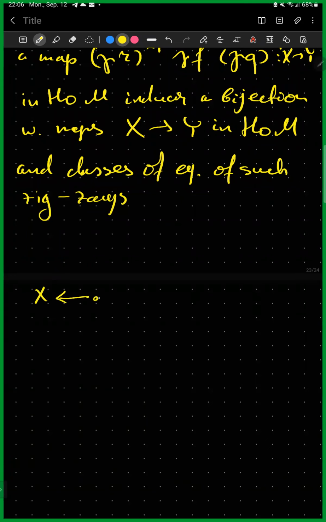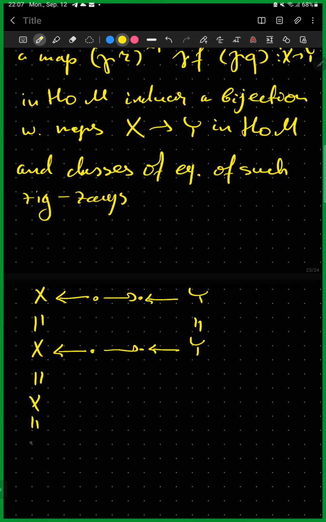So here is a zigzag. It should fit into the following square.